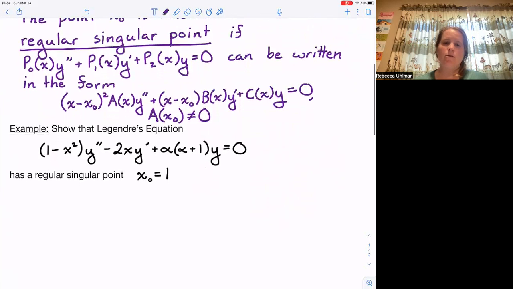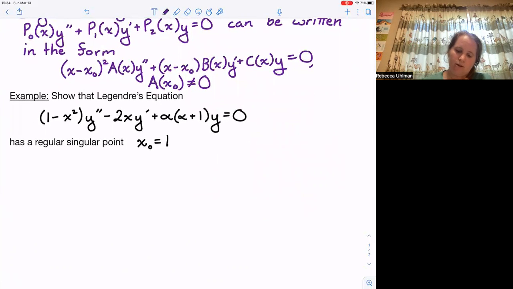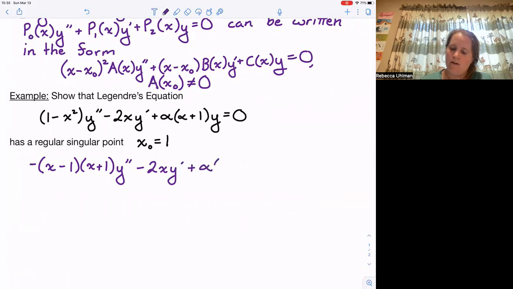So for an example, let's show Legendre's equation: 1 minus x squared times y double prime minus 2x y prime plus alpha times alpha plus 1 times y equals 0 has a regular singular point at x0 equals 1. Note that we have a negative x minus 1 times x plus 1 as our factor of y double prime. Then we have minus 2x times y prime plus alpha times alpha plus 1 times y equals 0.